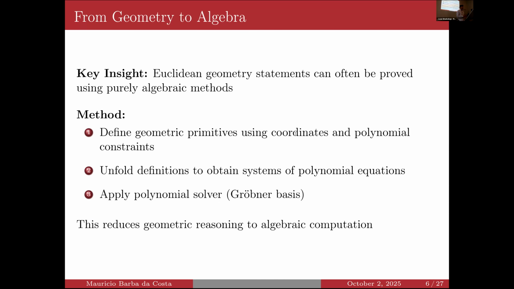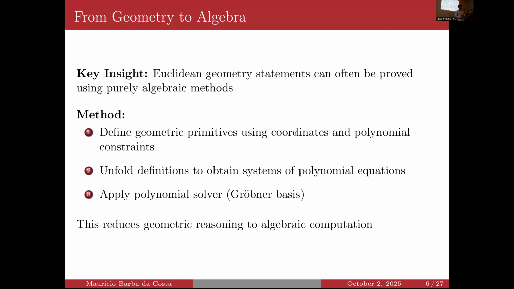Okay, so the idea of converting geometry theorems into algebra goes something like this. You're going to define some geometric primitives using coordinates and polynomial constraints. So all of your predicates involving collinearity or perpendicularity, you can express these as just polynomial constraints on coordinates of points.